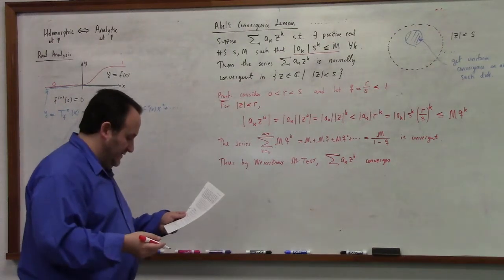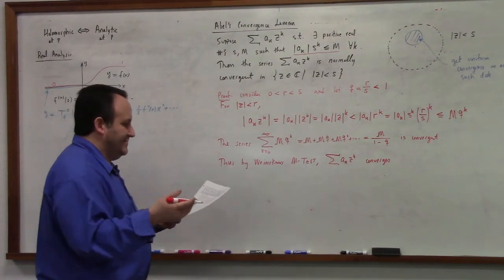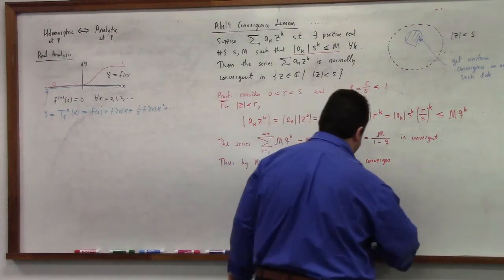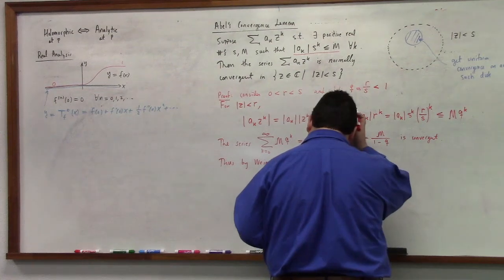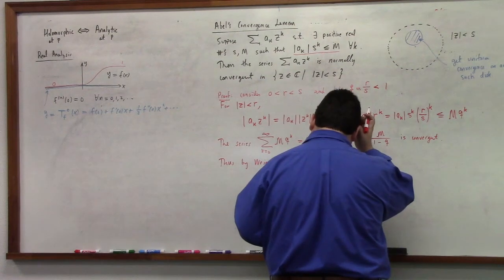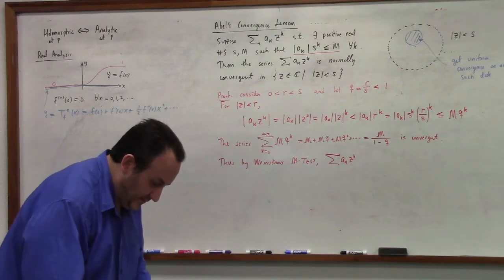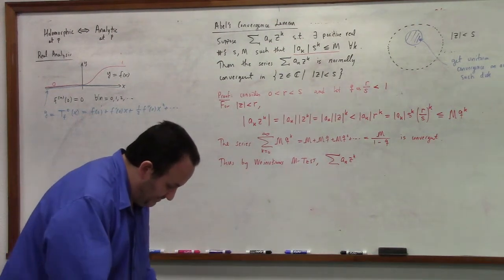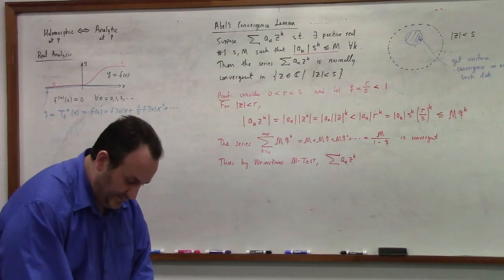Well, let's see here. How did I say it? Well, it is normally convergent. How to say this here? It depends on how I said Weierstrass's M test earlier. Let me go back momentarily.